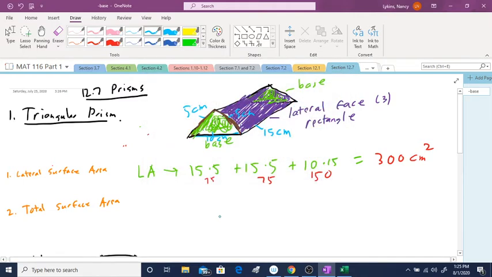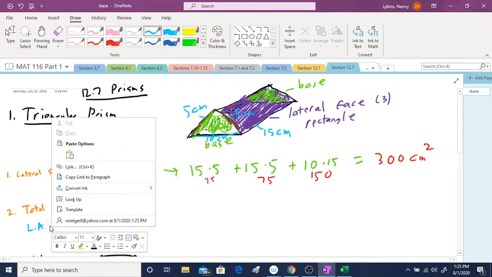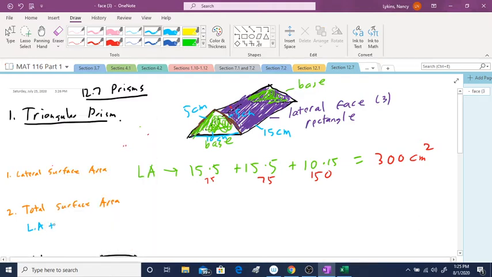Now to find the total surface area, it's our lateral surface area plus the base area.